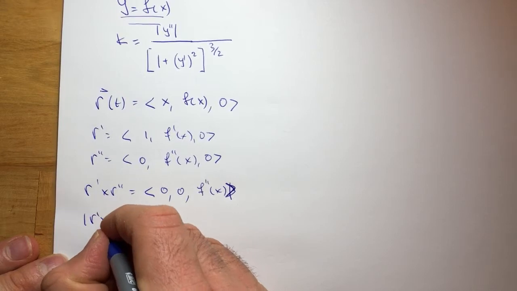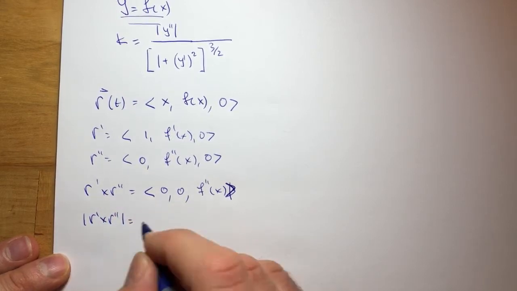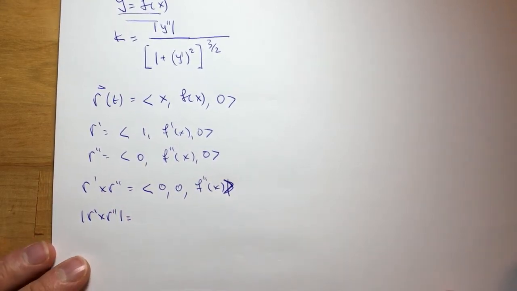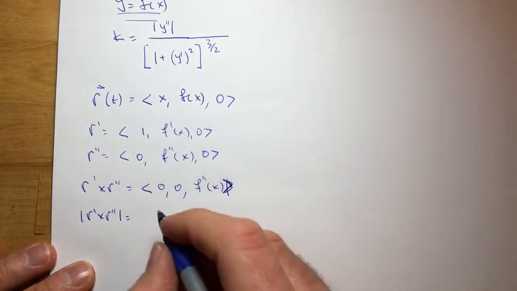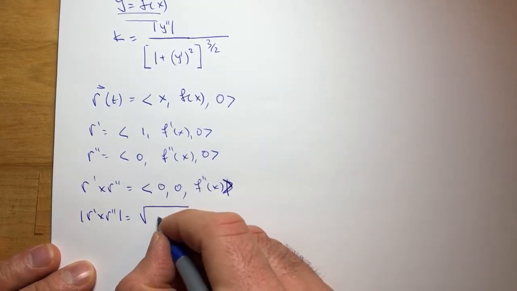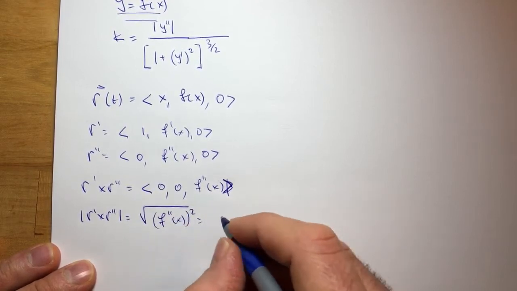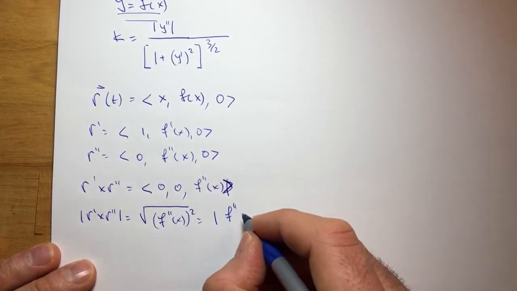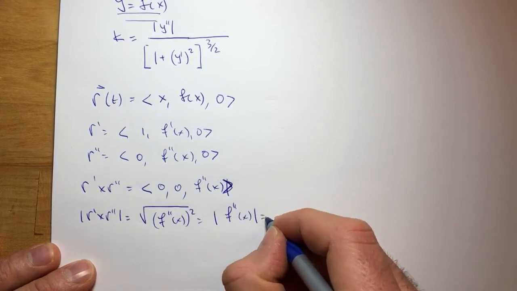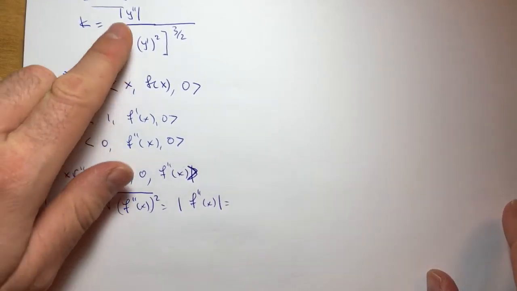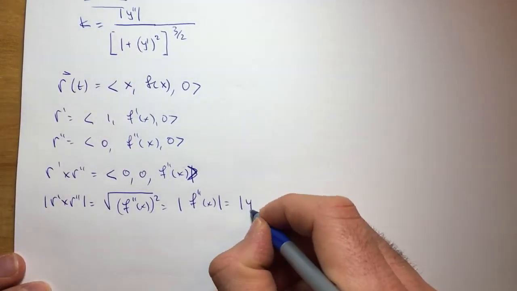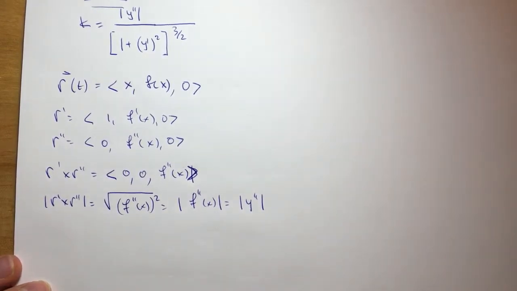Now the magnitude of this cross product is equal to square root of f double prime of x squared, which is the absolute value of f double prime of x, or just to be in accordance with our formula right there, absolute value of y double prime.